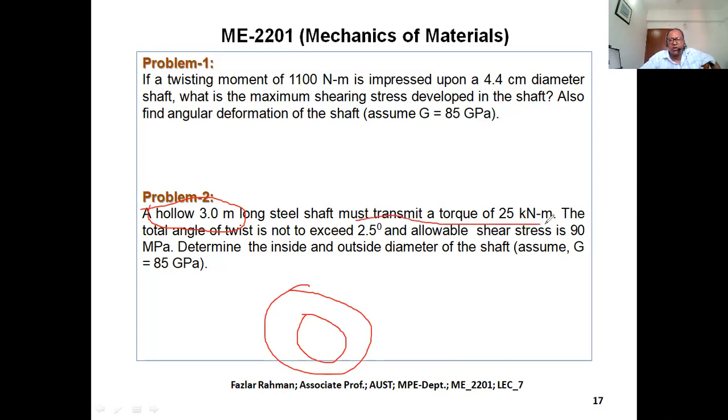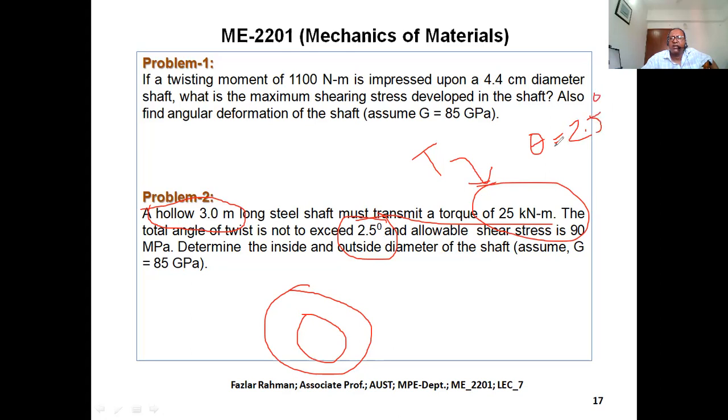It must transmit a torque, so the value of T is given over here: T equals 25 kilonewton meter. The angle of twist is not to exceed 2.5 degree. Angle of twist means the value of theta. This theta should not be more than this degree. So theta equals 2.5 degree.